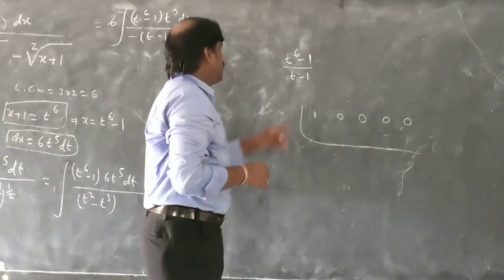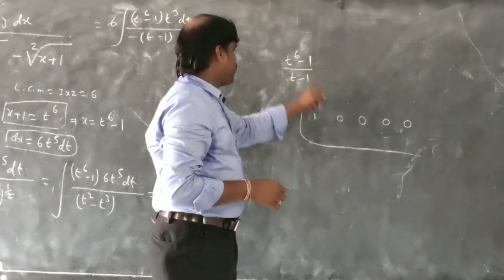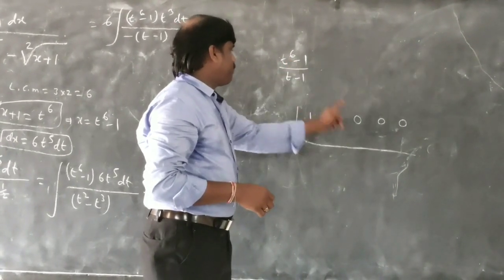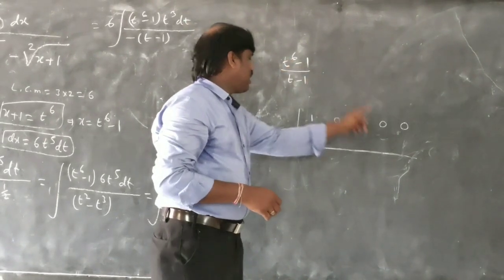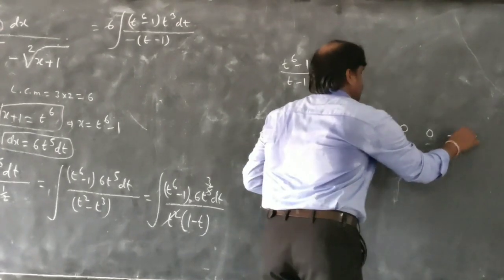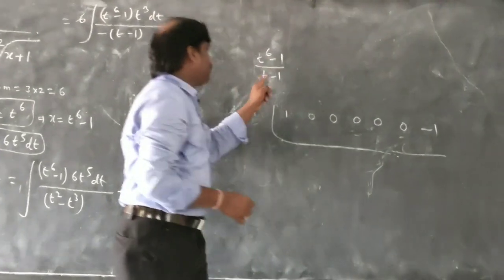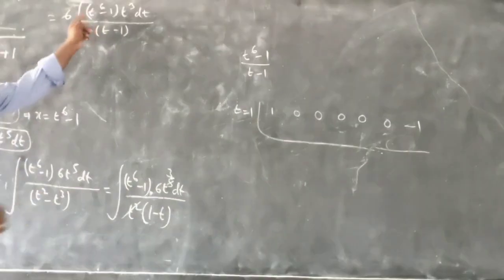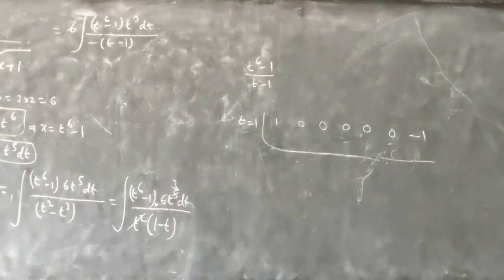So there you have t power 6, t power 5, t power 4, t power 3, t square, t, then you have a constant. And I know simply that t is equal to 1 is the solution of this one.